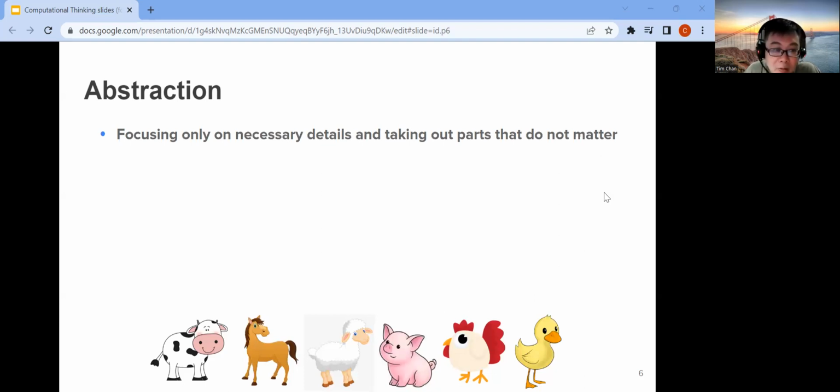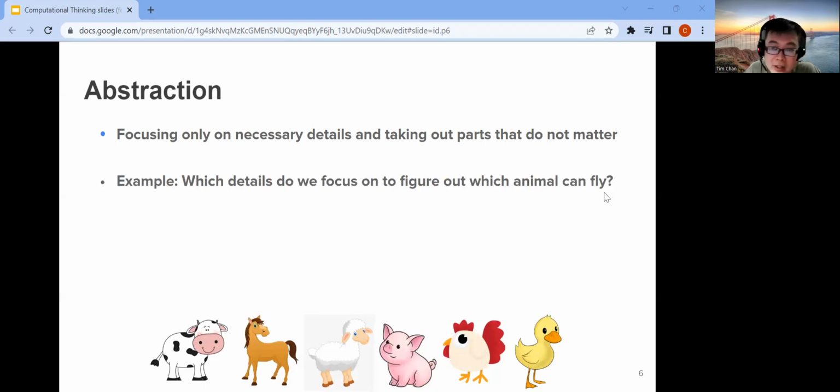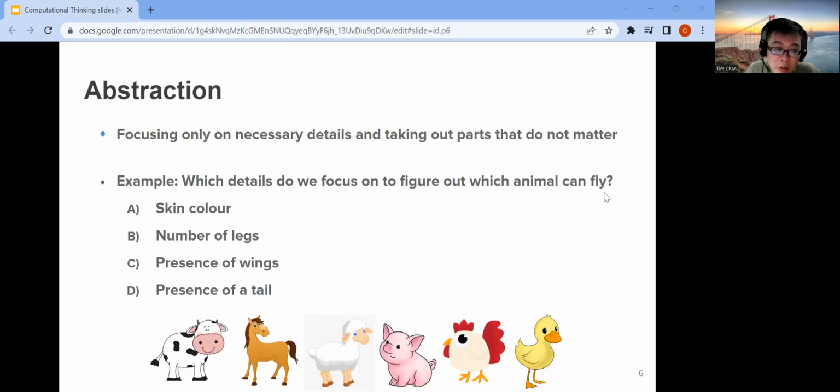Abstraction is about focusing only on the details that matter and taking out parts that do not matter. As mentioned just now, the question is which detail do we focus on to figure out which animal can fly? Do we focus on the skin color? The number of legs? The presence of wings, or the presence of a tail?